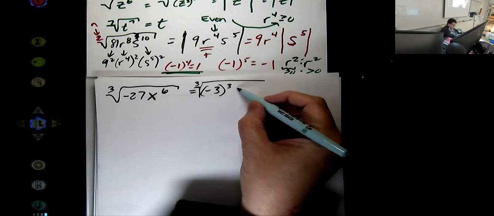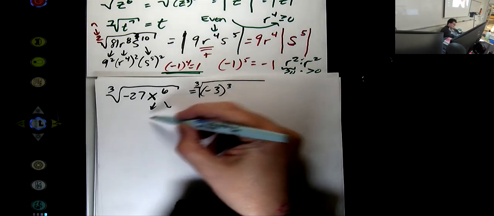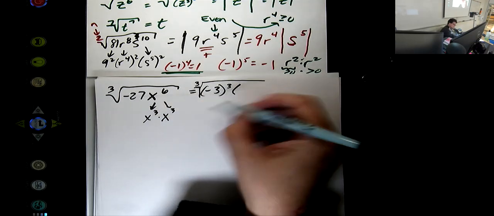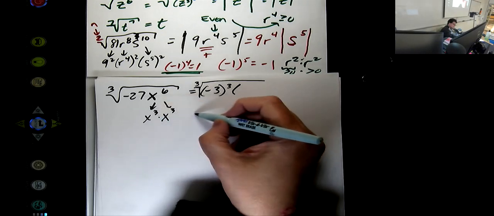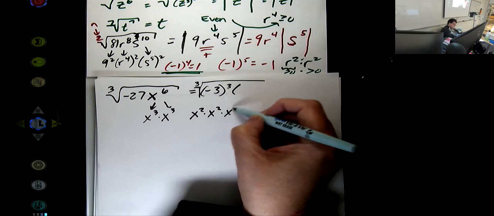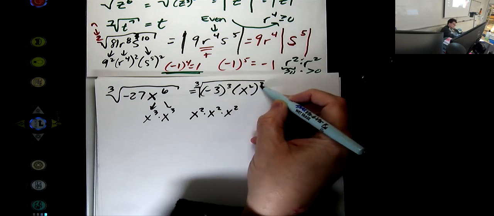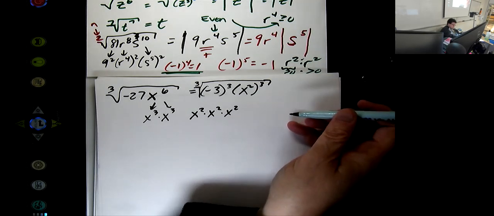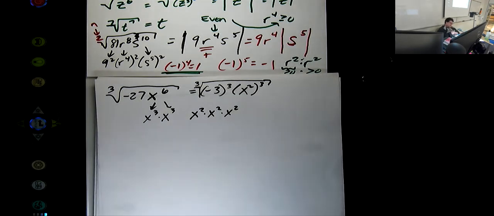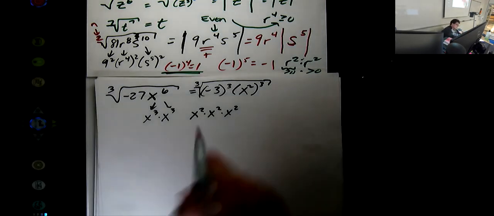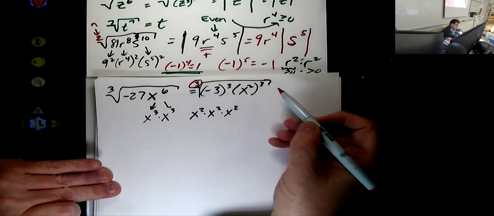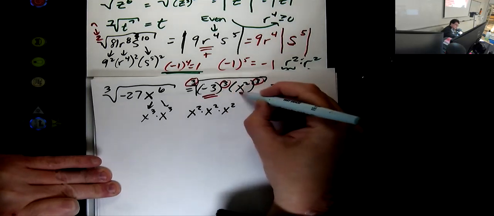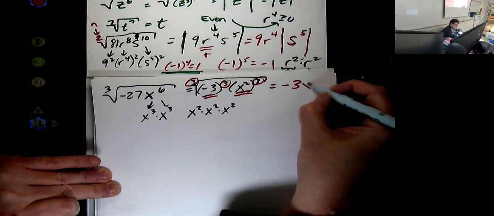And if I want to write x to the 6 as cubes, I have x cubed times x cubed. Or I could do the other way around: I've got x squared times x squared times x squared. This is like x squared cubed. So when the index matches the exponent, the index is the thing outside, it's the what root we're taking, and the exponent's odd, that value that's here just comes out. Negative 3 times x squared.